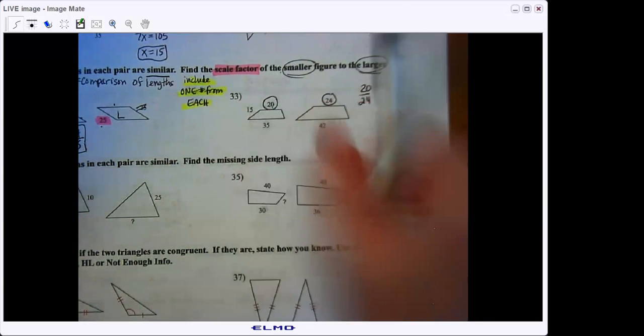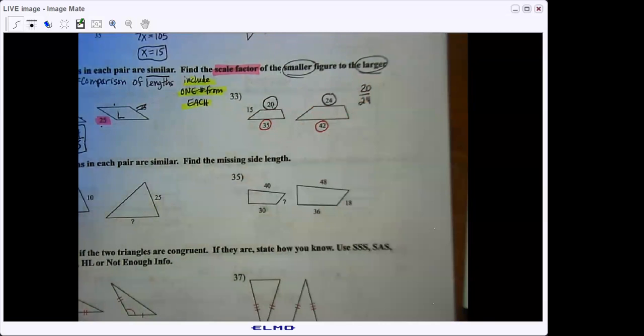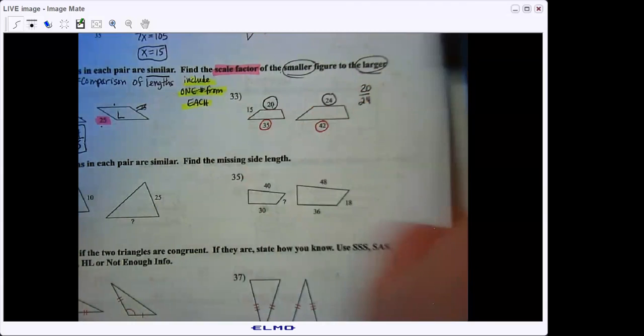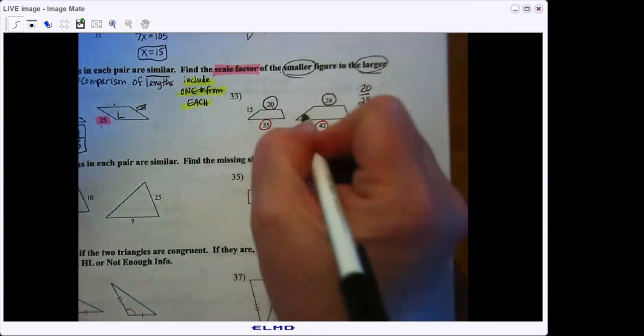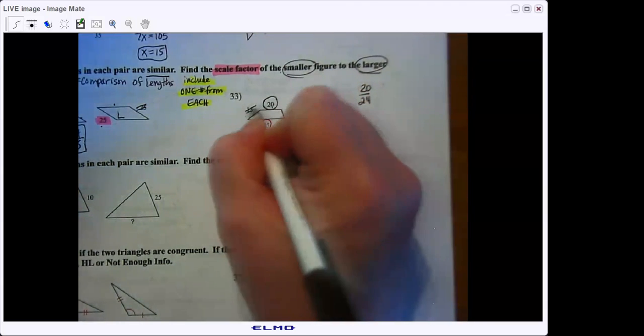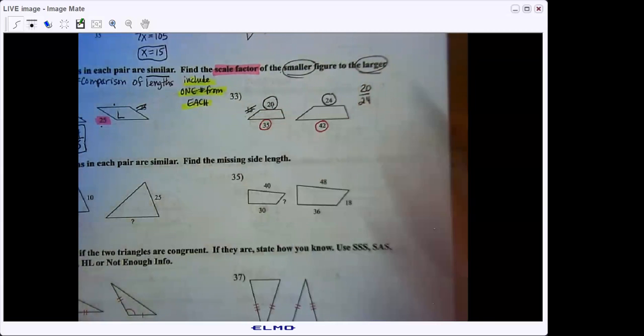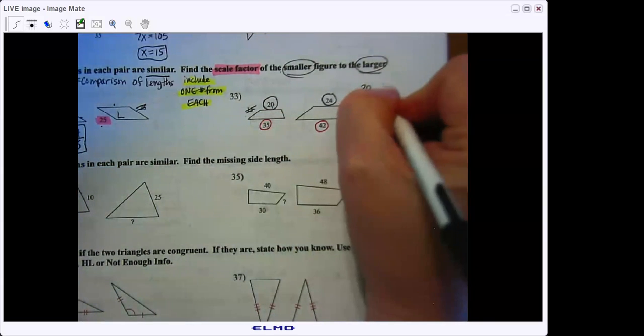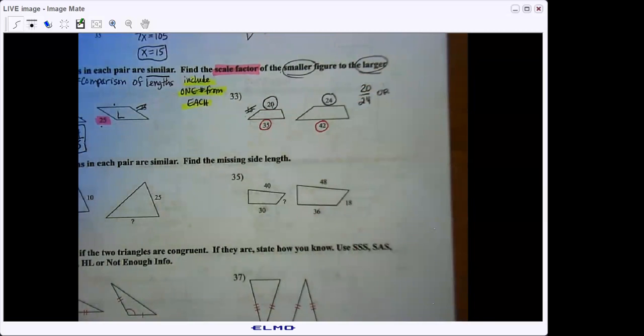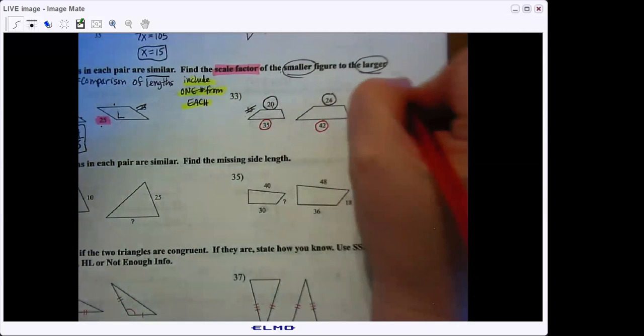I have the bottoms of my polygons. That could be another fraction. I do not, however, have both left sides. I don't have this one. So I cannot use that one. So I can have 20 over 24 or 35 over 42.